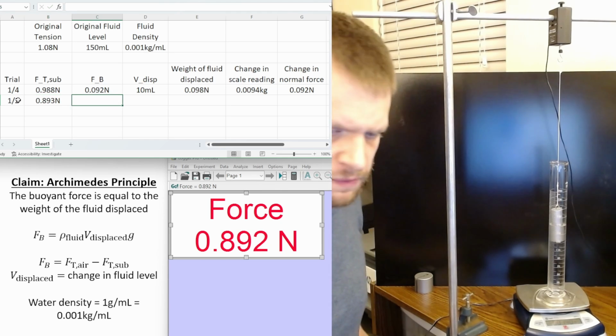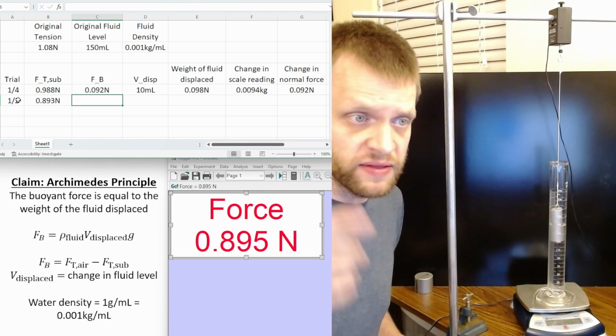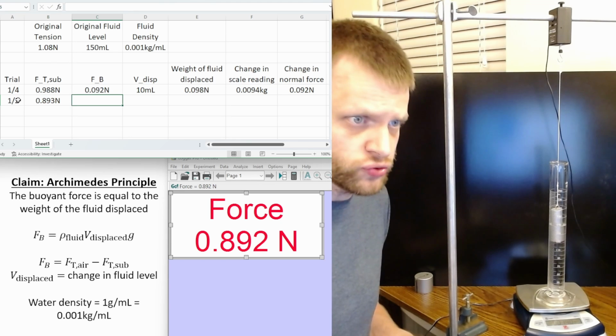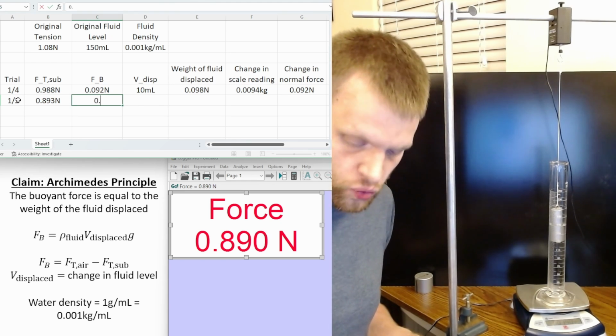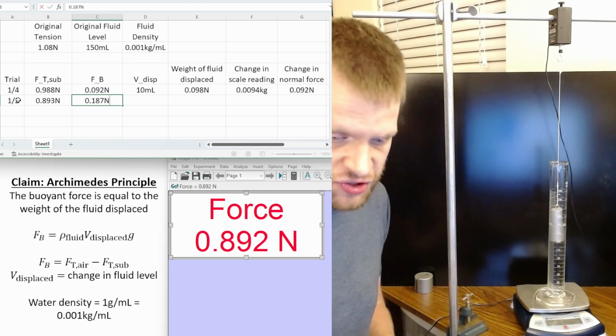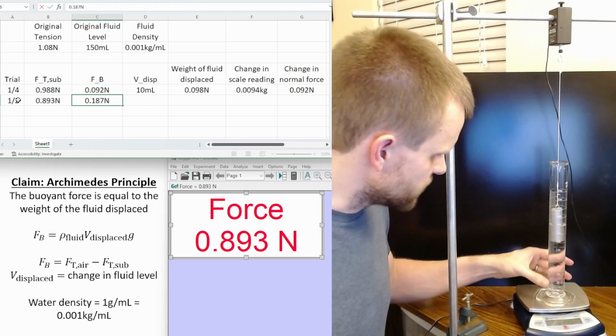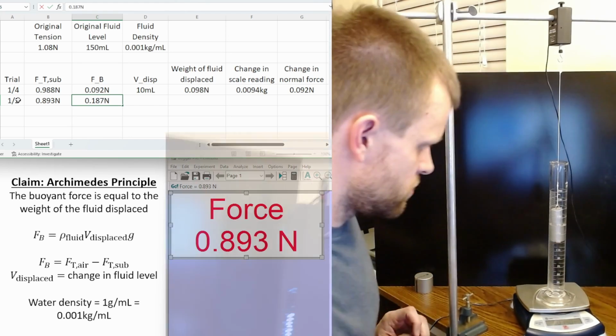Okay, it jumps around a little bit. And if we take the difference between the original tension and this new tension when it's submerged, I get 0.187 newtons. Well, let's look at the water level.